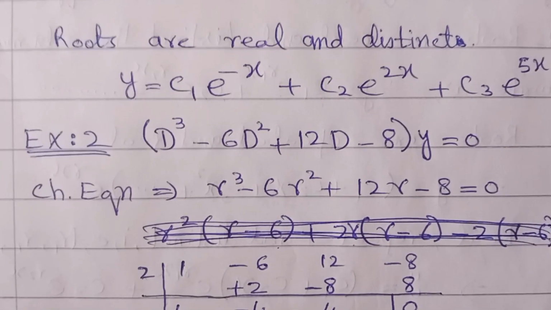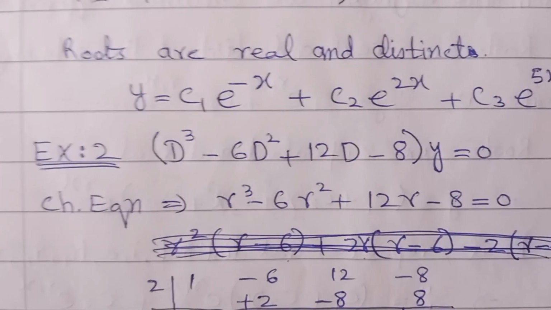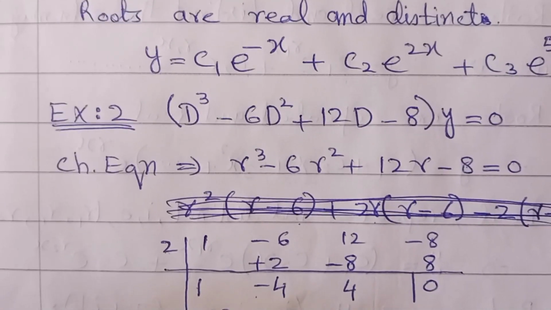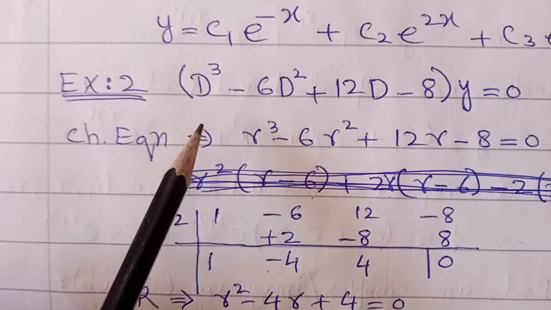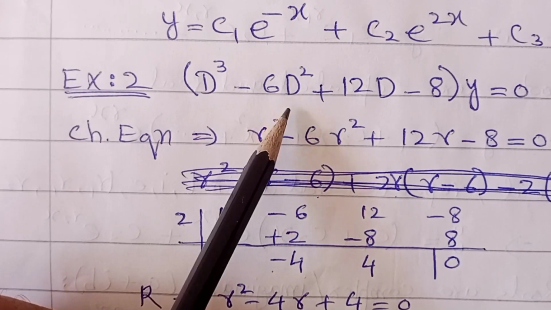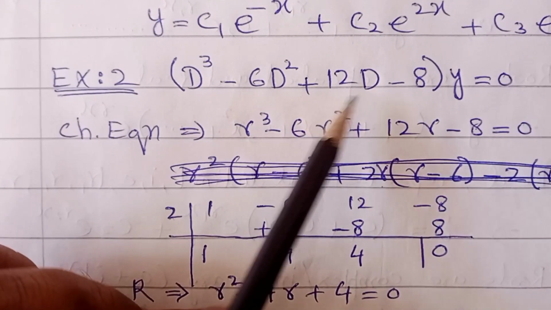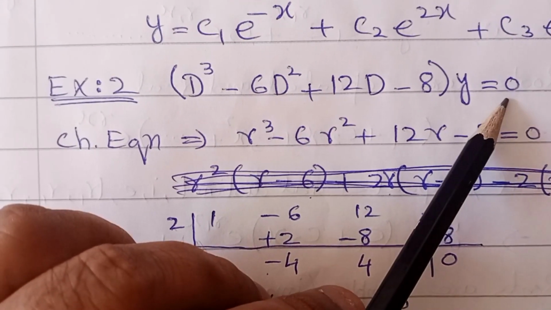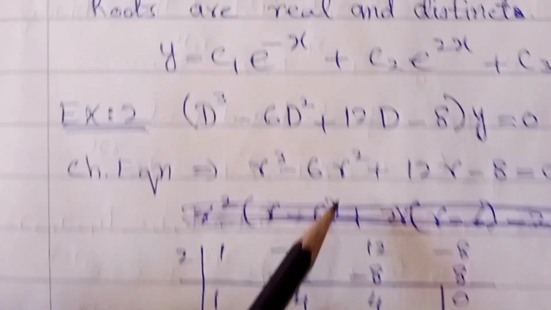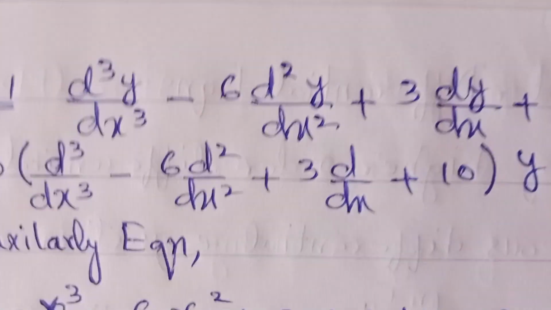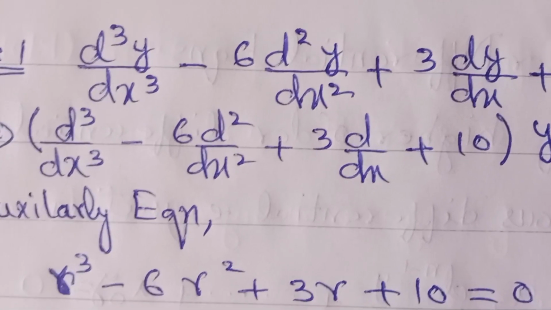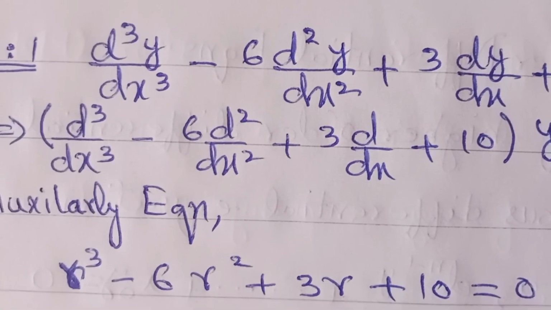Now in the second example, we will try to explain more regarding the different kinds of solution. We have a third order differential equation in this form: D cube minus 6D square plus 12D minus 8, into y, is equal to 0. Look at this. In the first example, it was in the differential form, and we took y common from the entire polynomial.